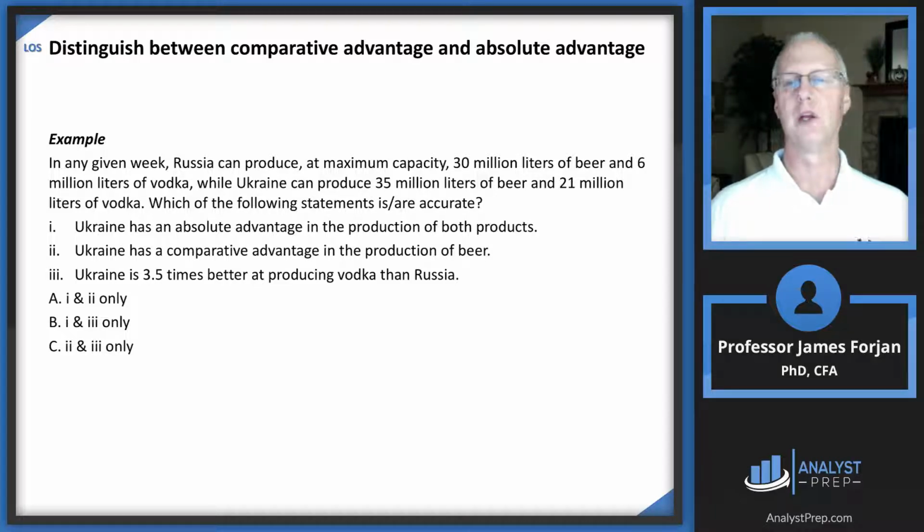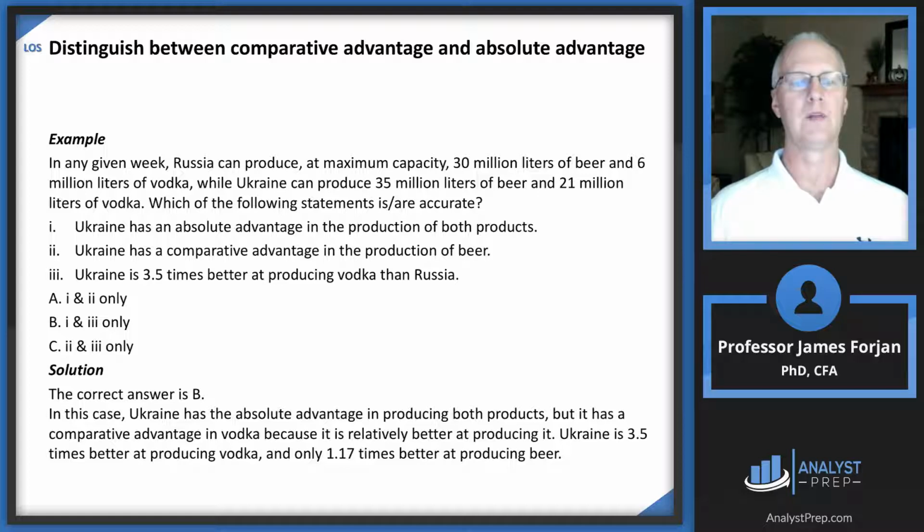So surely Ukraine is much better at producing the vodka than Russia is. So it makes sense to say, let's let Ukraine make the vodka, let's let Russia make the beer. And so I think that leads us to 1 and 3. Yeah, so Ukraine has the comparative advantage in the vodka, not the beer.